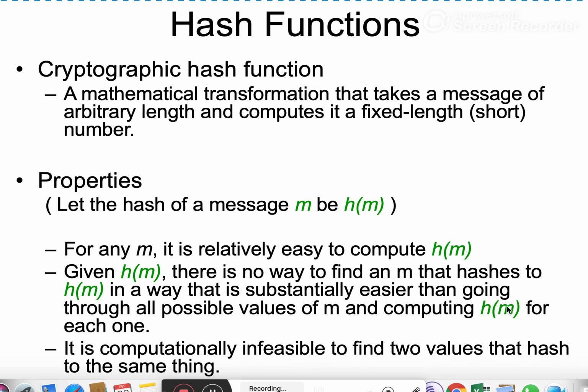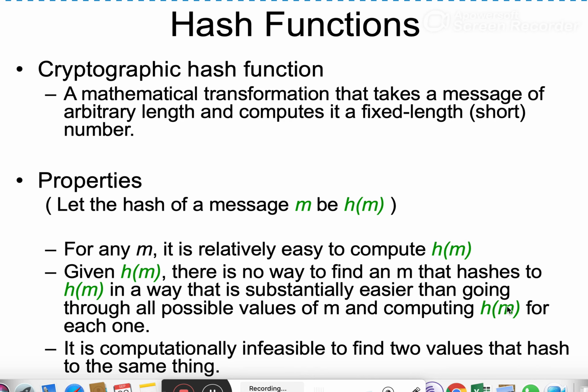Third property is that it is computationally infeasible to find two values that hash to the same thing. You should not be able to find any two messages that map to the same hash in a computationally reasonable amount of time.